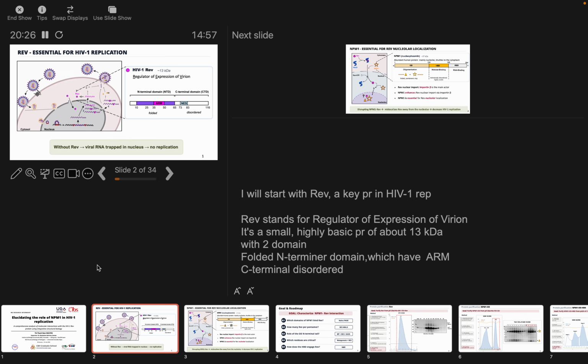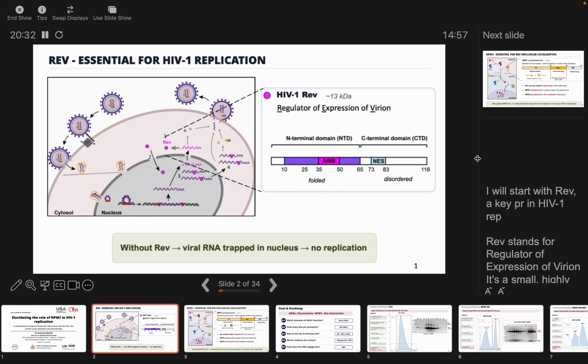Yes, you mentioned here that if the REV are not inserted into the nucleus, the mRNA, and you show this one. This one is the fully spliced, the magenta. Yeah, the magenta is the fully spliced.